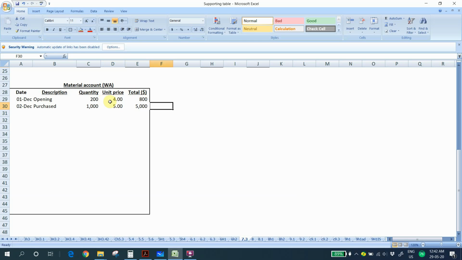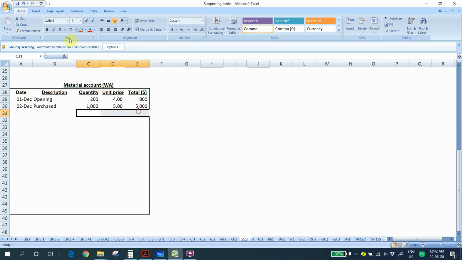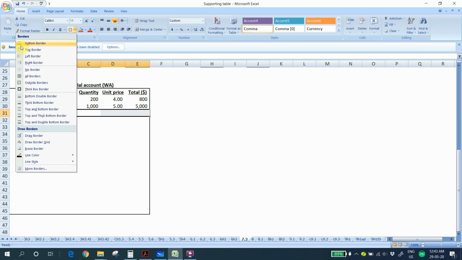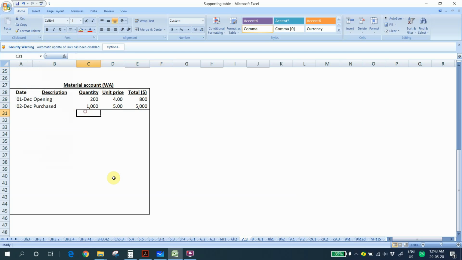If you find out that the unit price for the earlier transaction is different as compared to the current transaction, you need to do one thing called weighted average. How to do the weighted average?